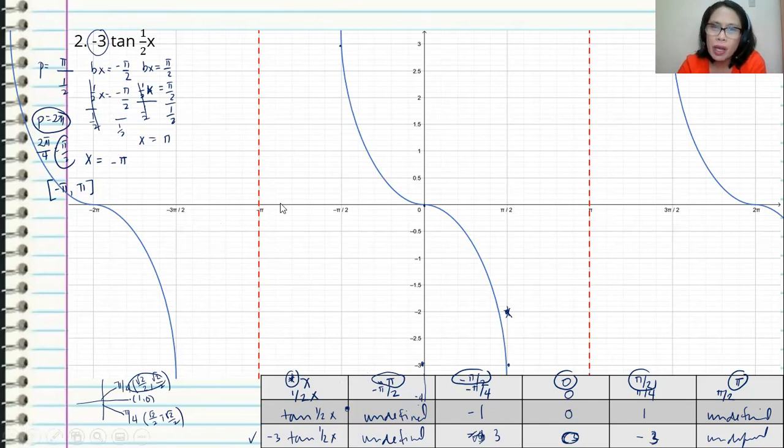But this becomes decreasing from left to right, because we come up with a negative tangent. So the graph will be flipped. Okay? So the direction was changed. So this became a decreasing function now. The graph decreases from left to right.